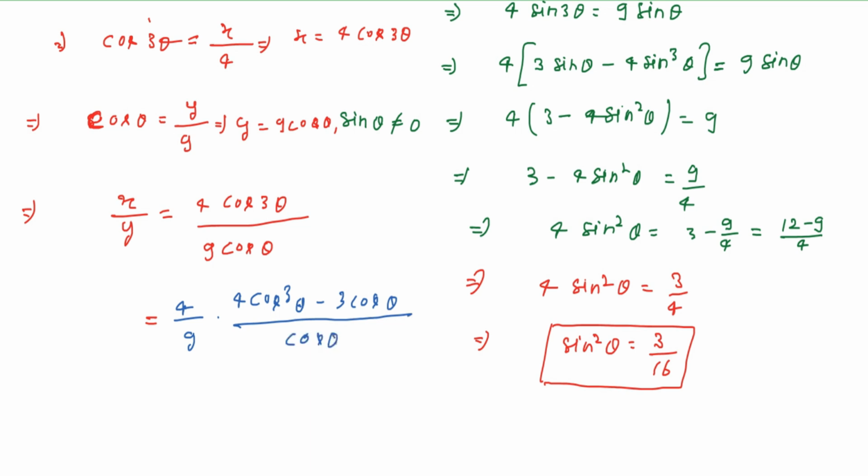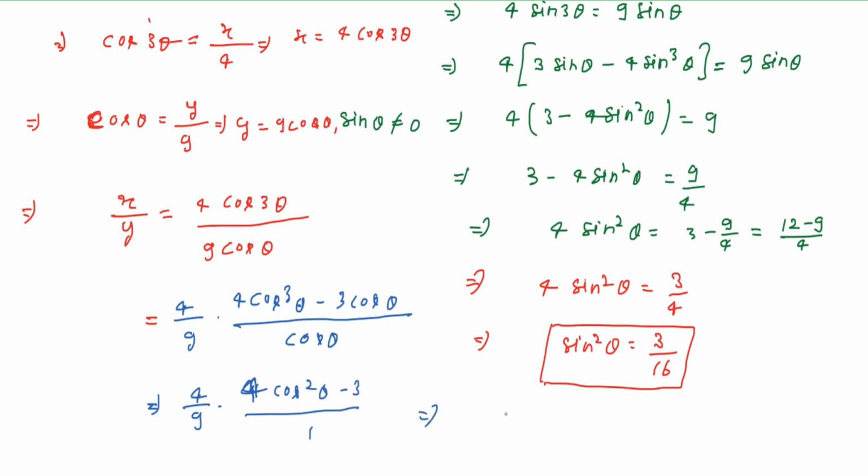So from numerator and denominator, one cos theta will be cancelled out and the remaining terms will be 4 divided by 9 and 4 cos square theta minus 3 divided by 1.